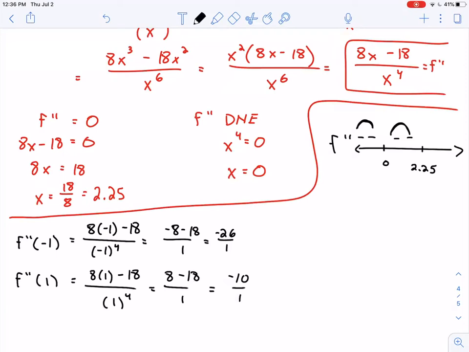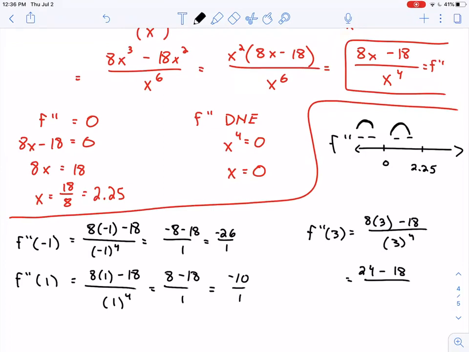And finally, I need a number to the right of 2.25. How about f double prime of 3? So let's see, positive 8 times 3 minus 18, all over 3 to the 4th power. 8 times 3, I should have 24 minus 18, all over 3 to the 4th.